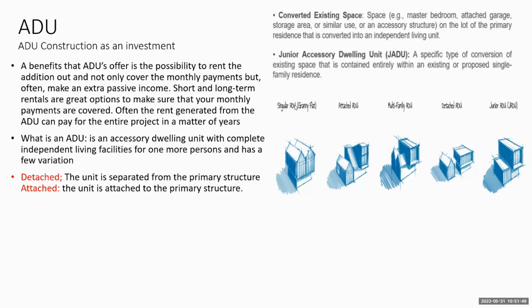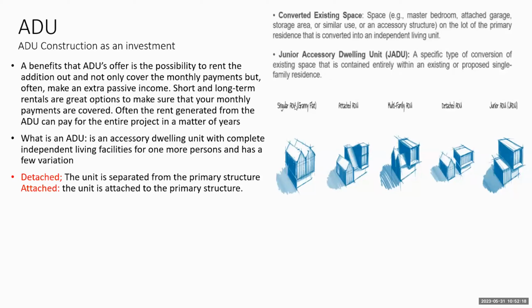ADU construction as an investment: a benefit is that an ADU offers the possibility to rent the addition out, not only to cover the monthly payments, but often to make extra passive income. There are five types of ADU: single ADU, granny flat, attached ADU, multifamily ADU, detached ADU, and junior ADU.